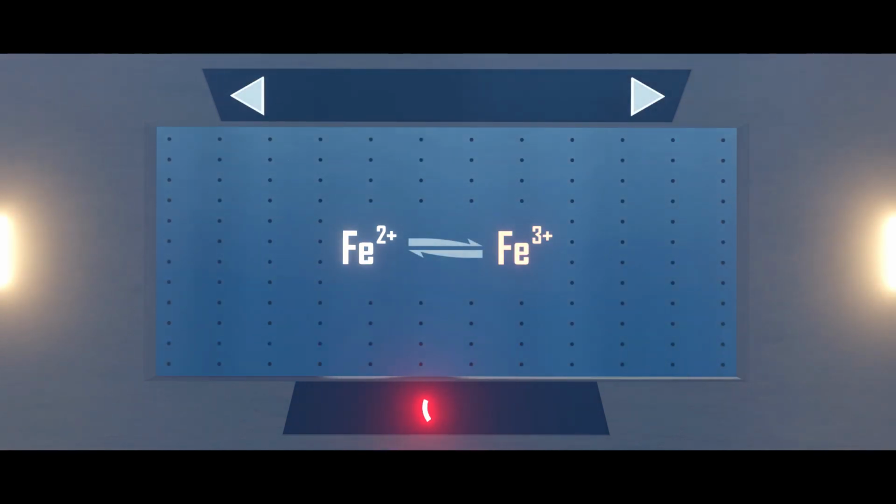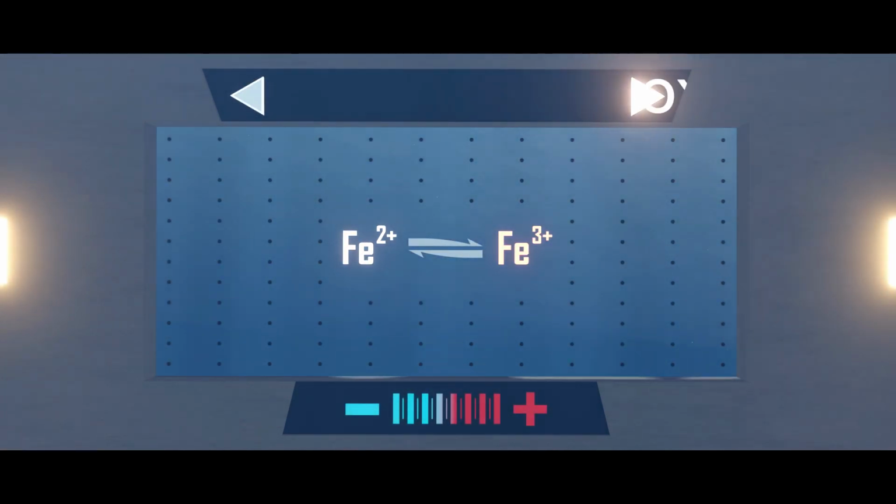Iron can be complexed by organic compounds. They influence the rate at which iron 2 is oxidized. Iron 2 oxidation rate can be affected by many physicochemical parameters.